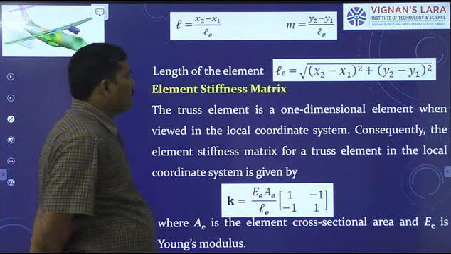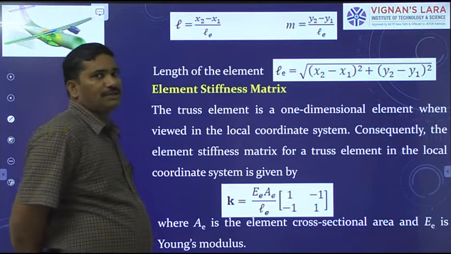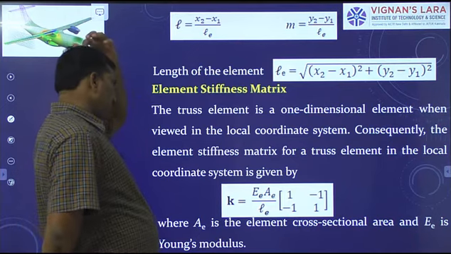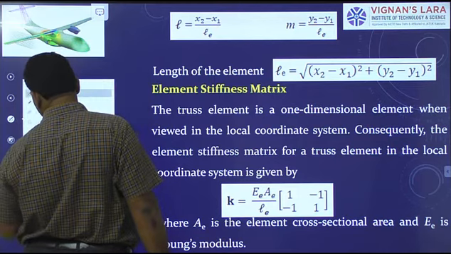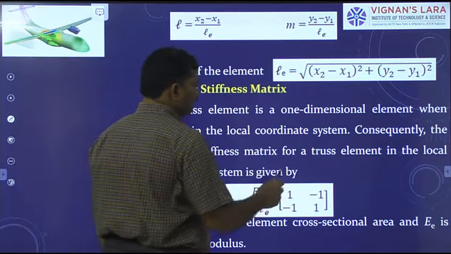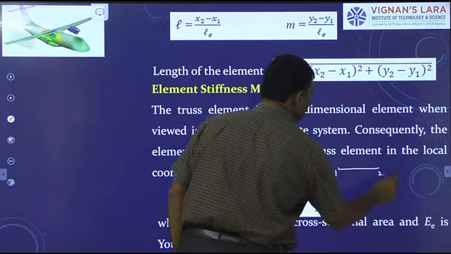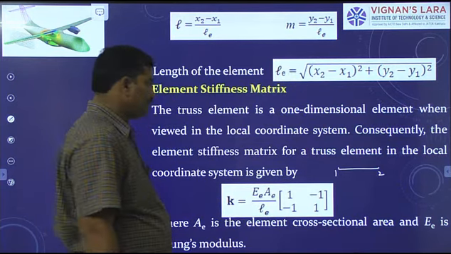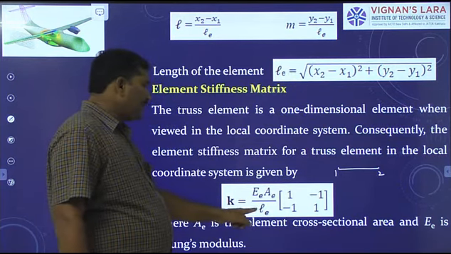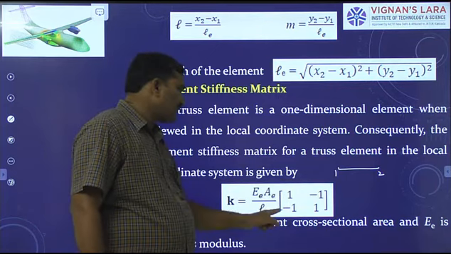Once you determine the transformation matrix, you can determine the element stiffness matrix. We know that for a two-noded bar element, the element stiffness matrix K equals EA by L into a 2 by 2 matrix having elements 1, minus 1, minus 1, plus 1.